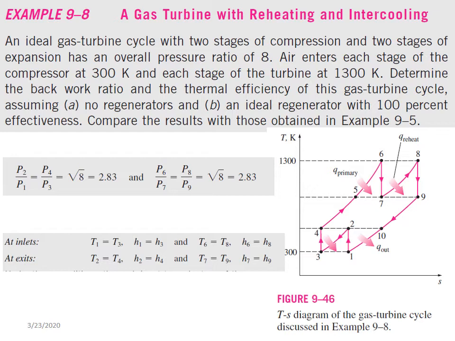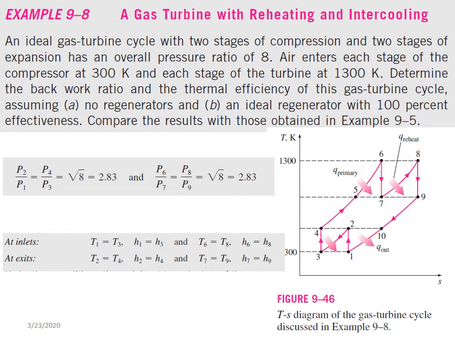Further, air enters each stage of the compressor at the same temperature. T1 is equal to T3 and T2 is equal to T4. Similarly, the temperature and enthalpy at the exit of each compression stage will be the same, and the same case will be applicable for the turbine.